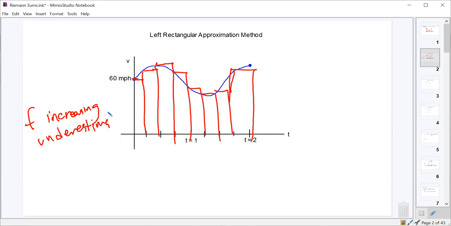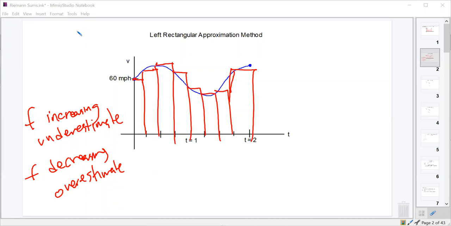And if our function is decreasing, it should be what? It should be an overestimate. Yeah, and you should be able to see that from the graph. Whenever my function is increasing, I'm underestimating it, and whenever my function is decreasing, it's an overestimate. Everybody good with that?